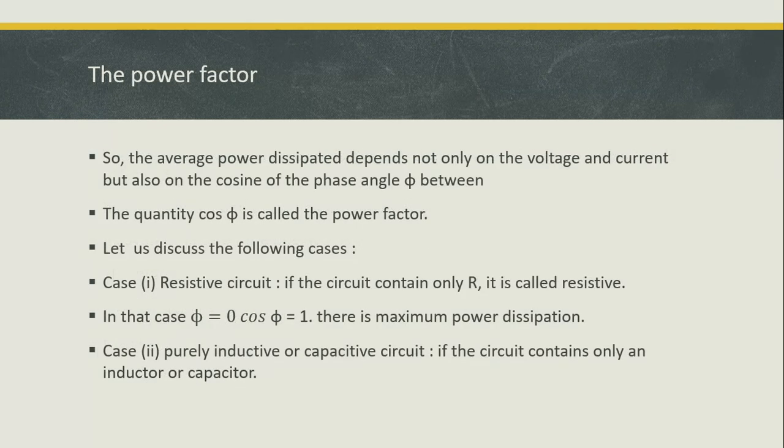So the average power dissipation depends not only on the voltage and current but also on the cosine of the phase angle phi between them.